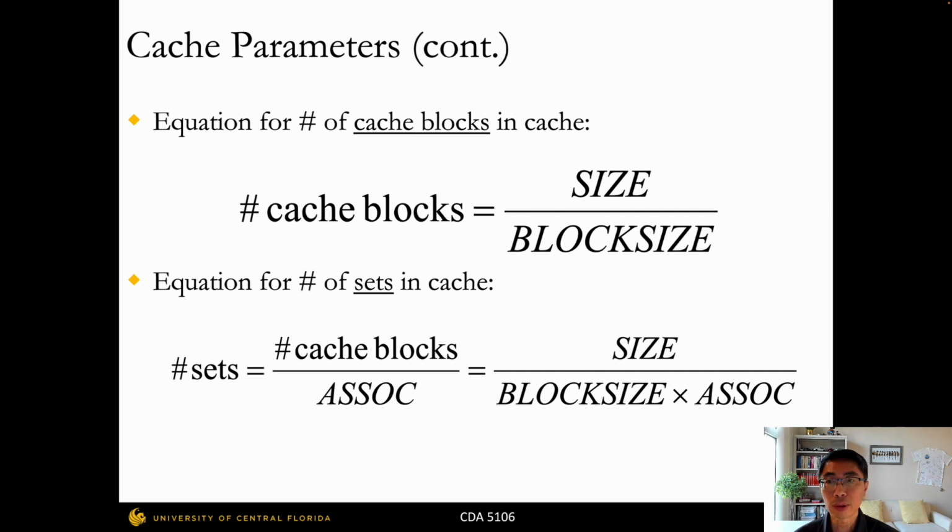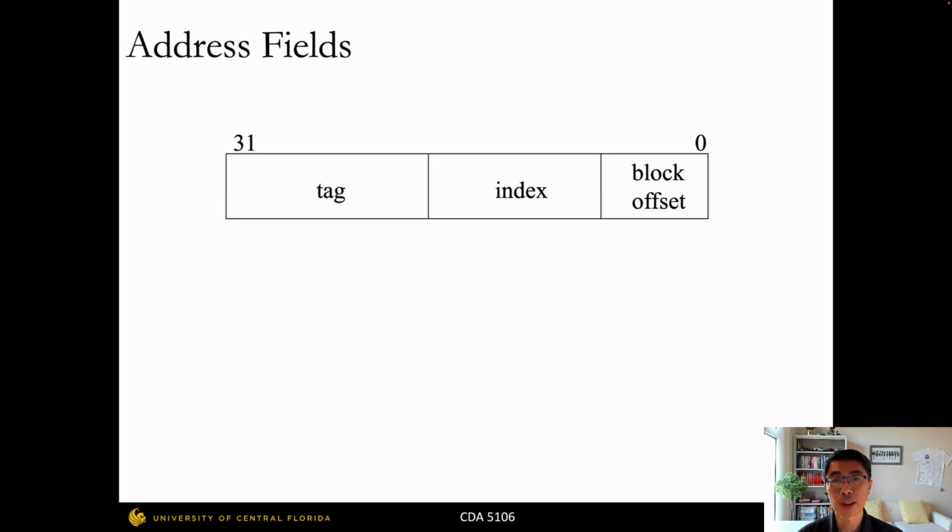Knowing the number of sets and the cache block size helps in learning how an address is used by the cache. Suppose we have a 32-bit machine.